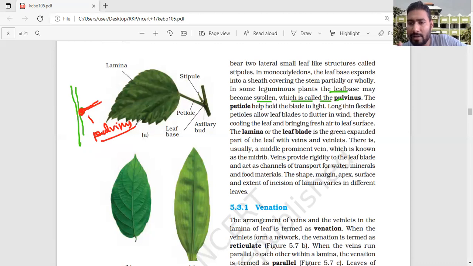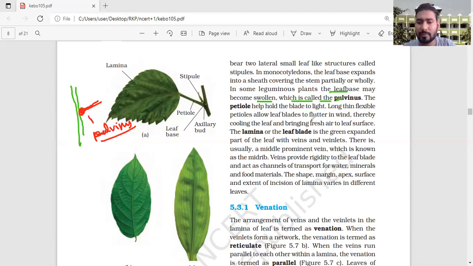Is it fine? The leaf base forms a sheath cover in monocots. The leaf base becomes swollen and forms a special structure known as the pulvinus, found in leguminous dicot plants.